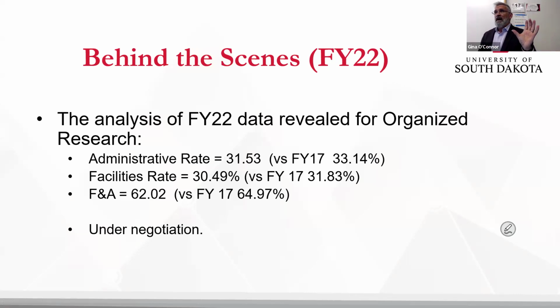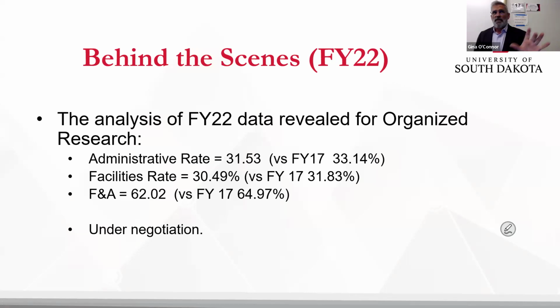Part of that is one of President Gestring's goals has been to make USD a very efficient place. And so we did have some shrinkage that happened within administrative offices really across the university. And then the facilities rate went down.